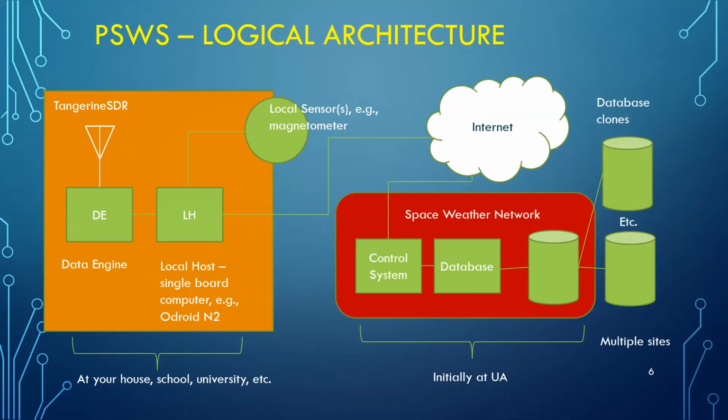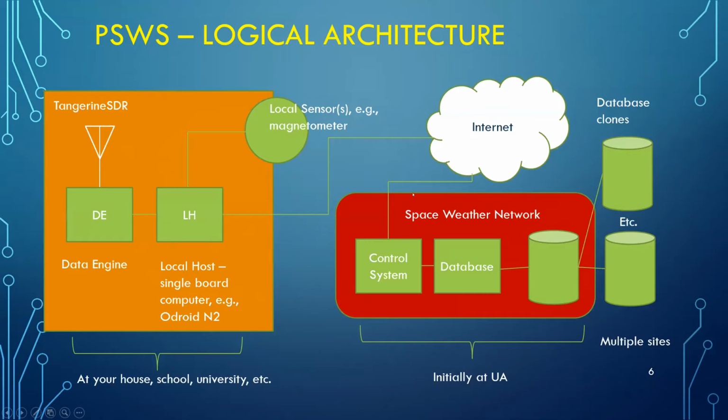You could also use various levels of Raspberry Pi, although if you take a look at the kind of speeds that the data engine will be providing, especially when monitoring more than one channel at a time, you can quickly swamp some of the really cheap devices. So I've been doing all my testing with an Odroid N2, which is fairly powerful. There are other comparable ones. There are one or more local sensors, a magnetometer you see here, and this would be at your location. And it'd be connected through the internet to the space weather network.